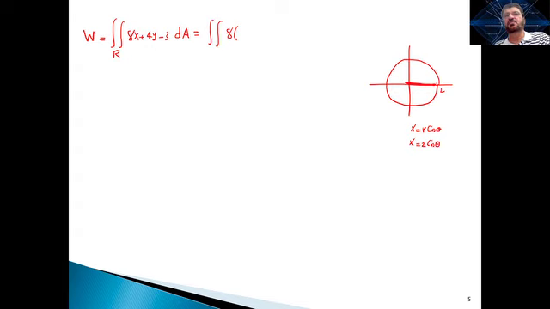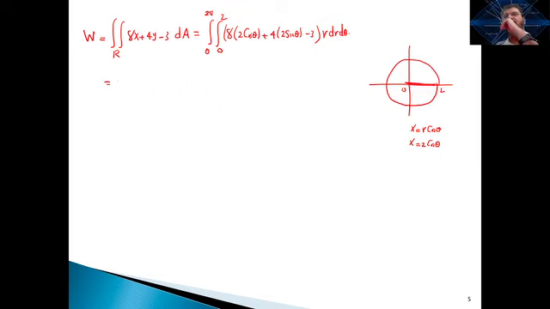So what is this going to be? 2 cosine theta plus 4 times, we know that y is r sine theta, 2 sine theta, minus 3, all of this, r dr d theta. Now for r, it's from 0 to 2, as you know. And to do the whole circle, theta is from 0 to 2 pi.